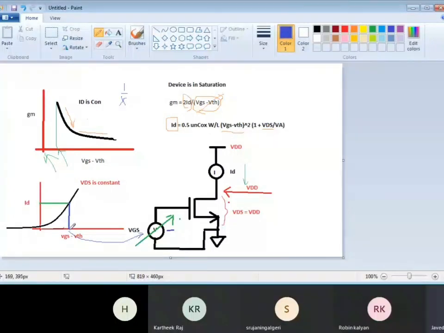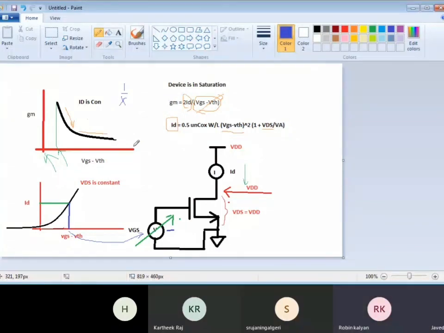Now, keeping this into consideration, how does the GM vary when you vary VGS minus VTH? So the current equation is satisfied. The moment we say VGS minus VTH is varying, ideally both x-axes should vary.